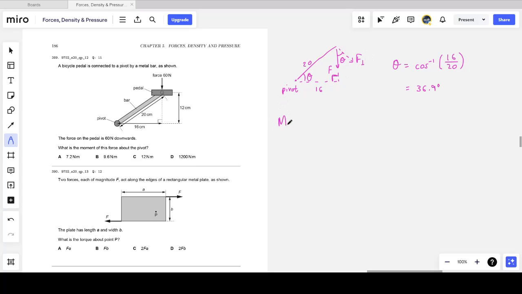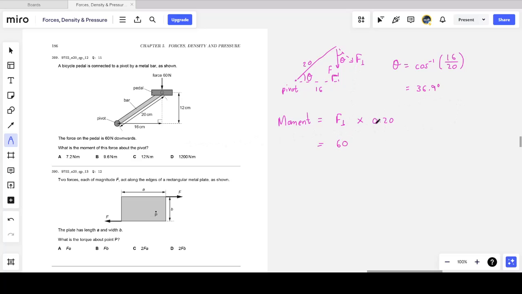And so this moment is equal to the perpendicular component of the force times the distance to the pivot along the bar, which is 0.2 meters, 20 centimeters. And there are a lot of lengths here, so it's easy to get confused. But remember, we're looking at the distance along the bar from the point of application of the force to the pivot.